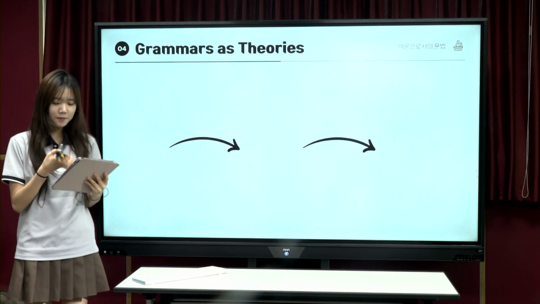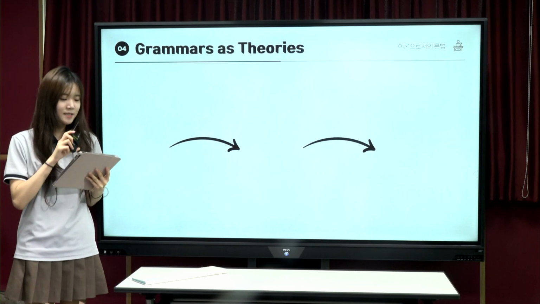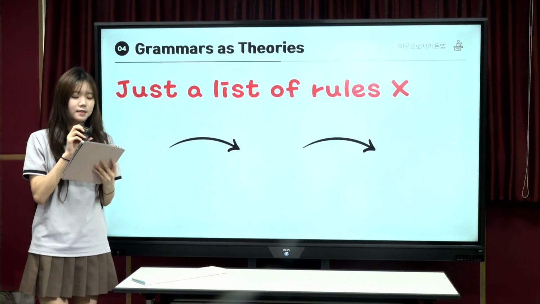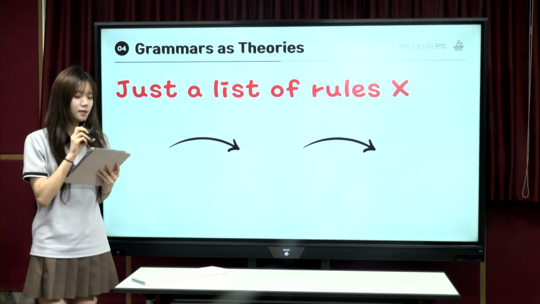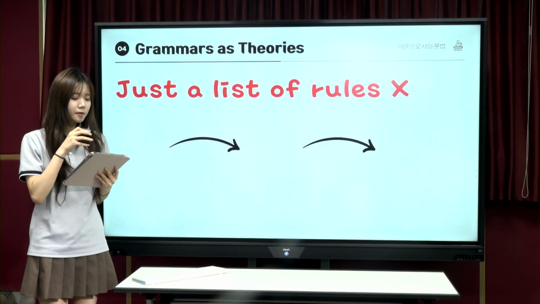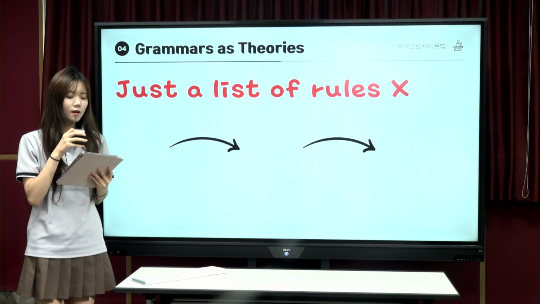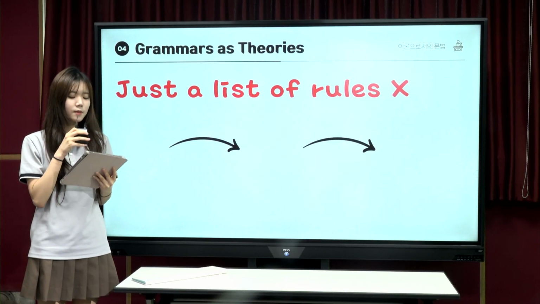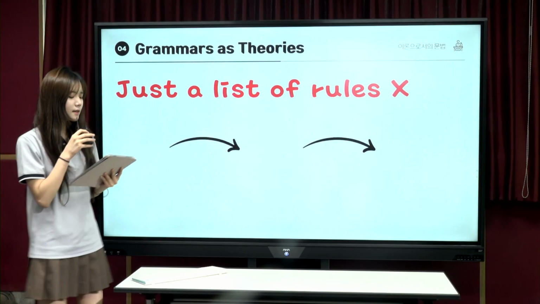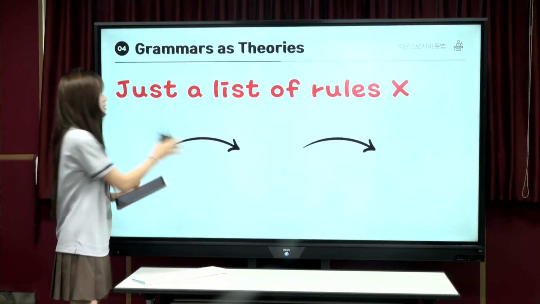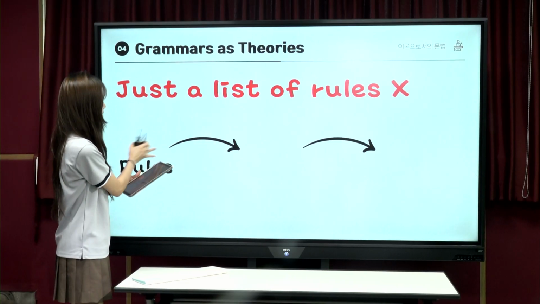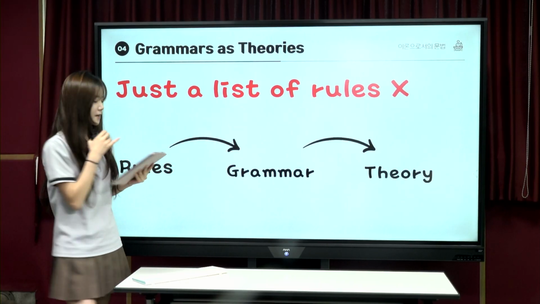According to the text, grammar is not just a list of rules, but a theoretical system that generates expressions in a language. In other words, if a set of rules can produce all the phrases and sentences in a language, we call that set a grammar for the language. This leads us to the following progression: rules, grammar, theory.